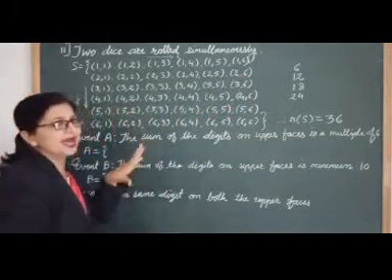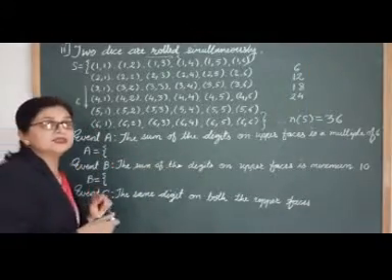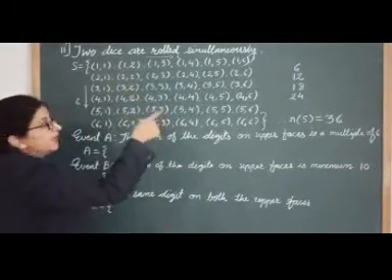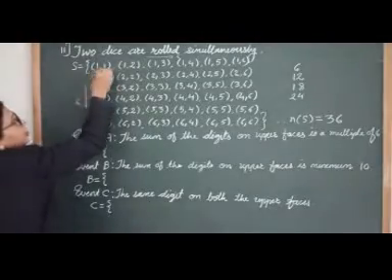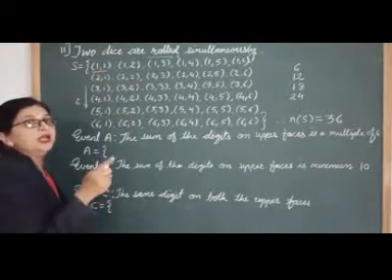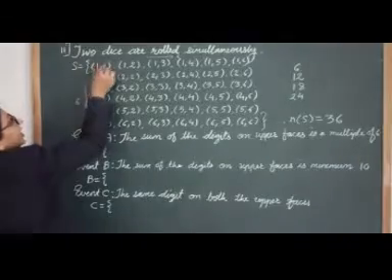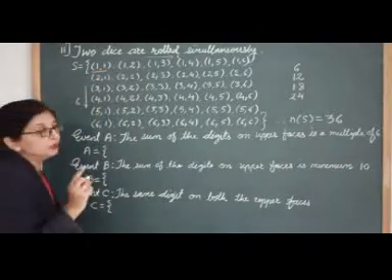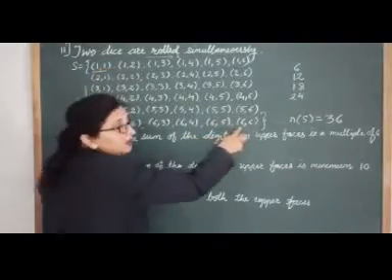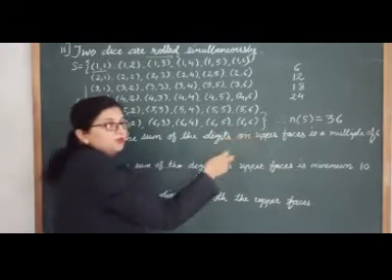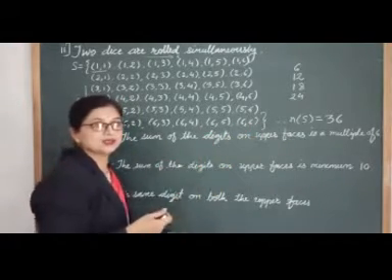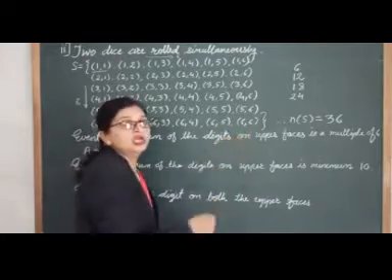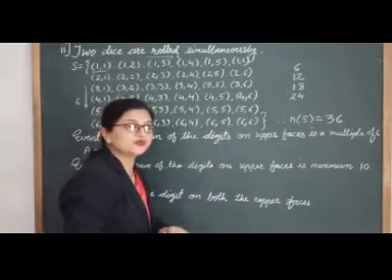So let's first see what is the minimum sum in this. You can see the first point is 1, 1. So the minimum sum we are getting is 1 plus 1, 2. And the maximum point is 6, 6, so the maximum sum we are getting is 6 plus 6, 12.